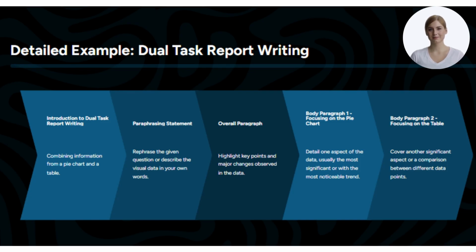Overall paragraph. Overall, the most common career path for graduates was full-time employment, with over half of the students choosing this option. The government sector, as shown in the table, offered the highest average salary, reaching up to $100,000 annually. Body paragraph 1, focusing on the pie chart.